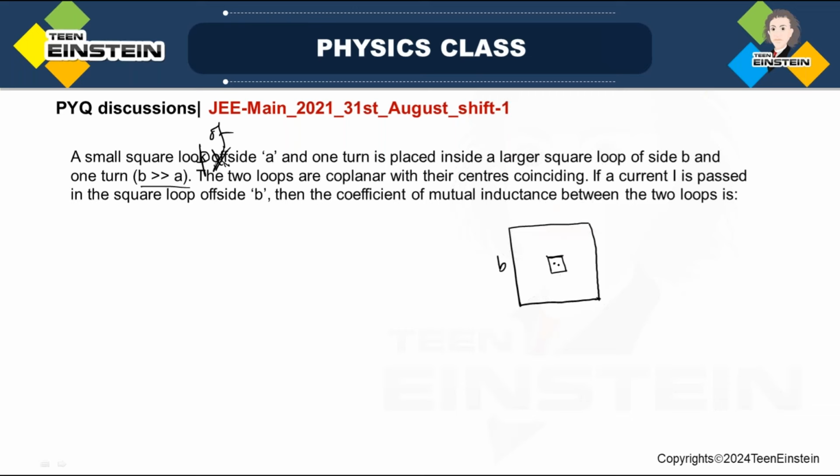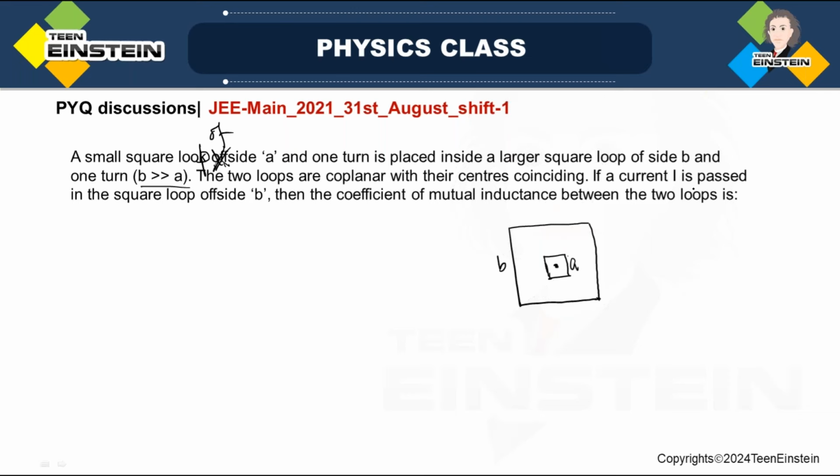Okay, this is the small loop, and the centers are actually coinciding.